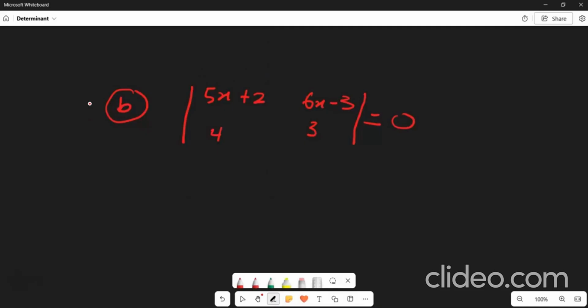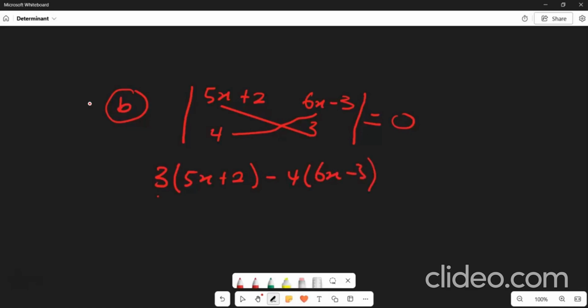So question B. The determinant of the matrix is 0. We are to find x. You multiply your leading diagonal, or the major diagonal, so you are going to have 3 times 5x plus 2, minus 4 times the minor diagonal, which says x minus 3.